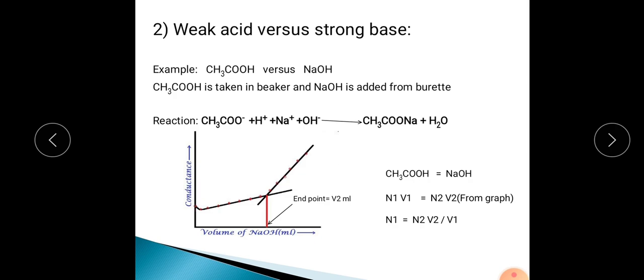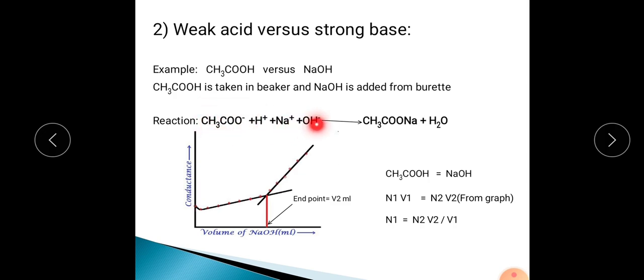So instead of decreasing, conductance increases on adding the NaOH, but the increase in conductance is observed to be gradual. So it increases gradually, slowly. Up to what stage will it increase gradually? Till there is acetic acid in the beaker.